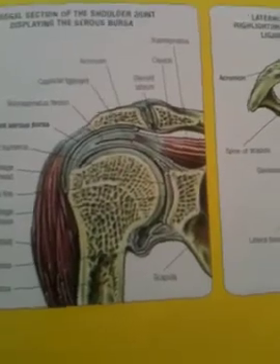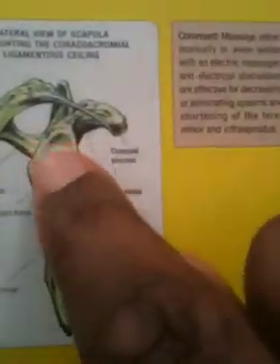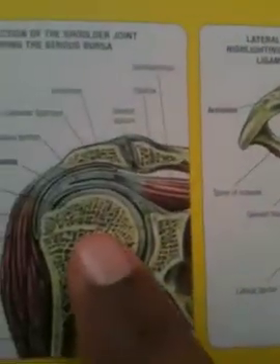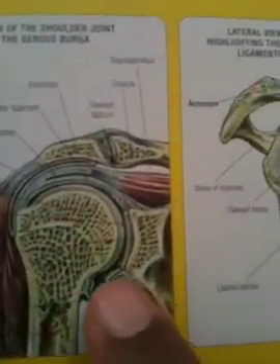So what happens with rotator tears is basically the head of the humerus gets forced forward, okay? I always think of Dwayne Wade when he dislocated his shoulder in a basketball game a couple years ago.